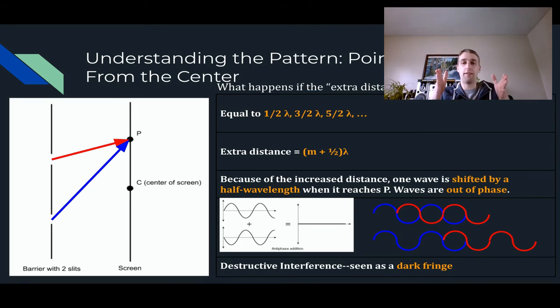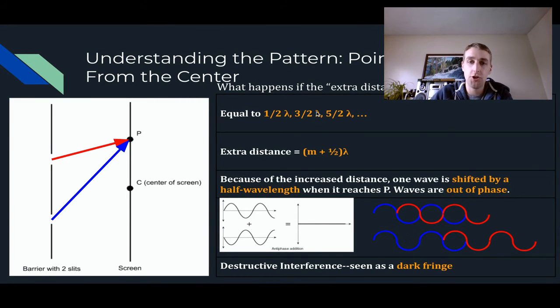If they started in phase, but blue has to travel an extra half wavelength, you can see that here. Red got there first. Blue had to travel an extra half wavelength, which shifted its phase off by 1/2 lambda, which means these two waves are now completely out of phase, and you see a dark spot at point P.